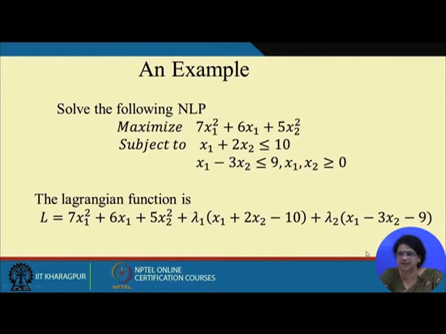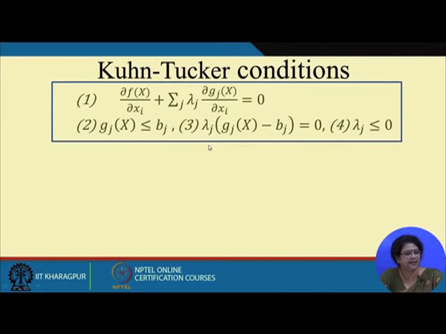You just see. Let us see what the values of lambda 1 and lambda 2 would be. What you have learned is that for a maximization problem, if the constraints are of less than or equal to type, then the lambdas must always be negative. But in maximization, if the constraints are of greater than or equal to type, then lambda must be positive. That is why in this case lambda must be negative.